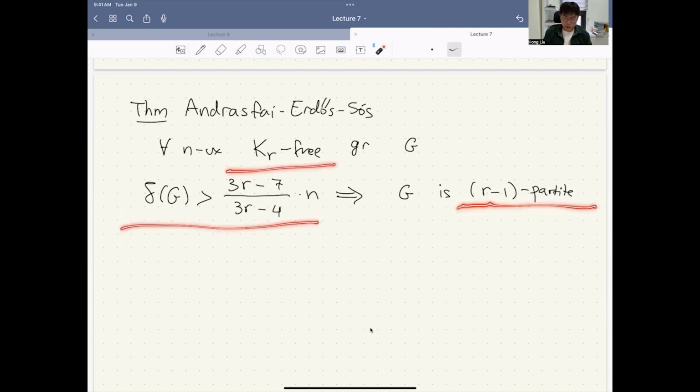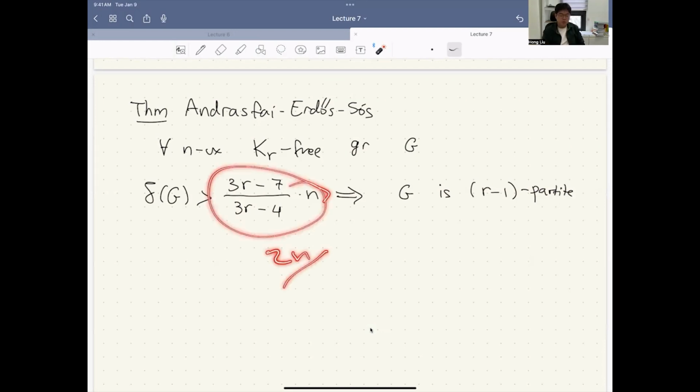So this is saying that when the minimum degree is close to the extremal bound, then we remain (r-1)-partite. If you take r equal to 3, this is exactly 2n/5, extending the homework problem.